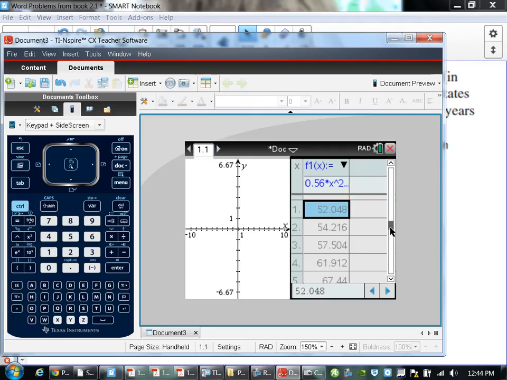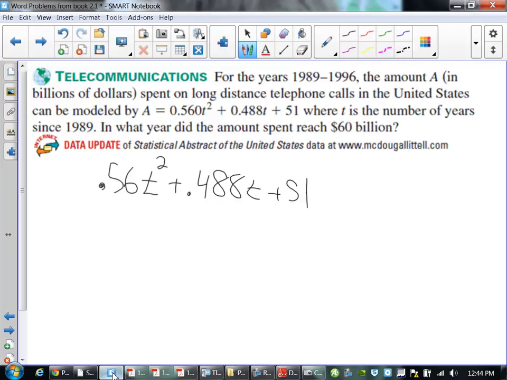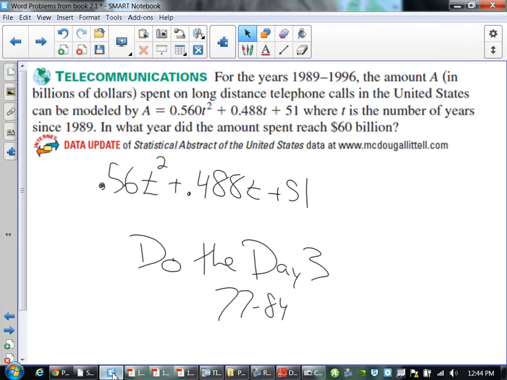It's pretty much along the same lines of these things. It probably shouldn't take more than 15, 20 minutes. It's the day 3 stuff on that little worksheet, 77 through 84. Try your best on all those.